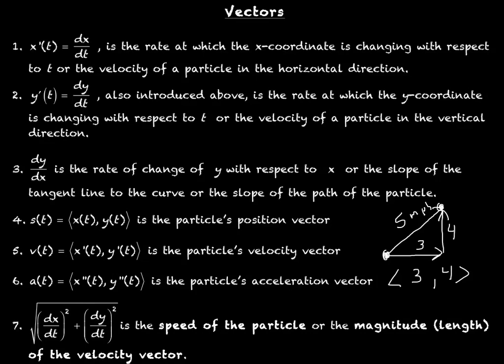So on this first slide you have several different equations that you will need to use for vectors. You've got the position vector, and then of course we know that the derivative of the position is the velocity, and then the derivative of the velocity, or the second derivative of the position, is the acceleration.